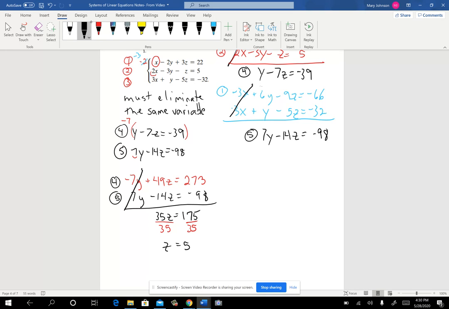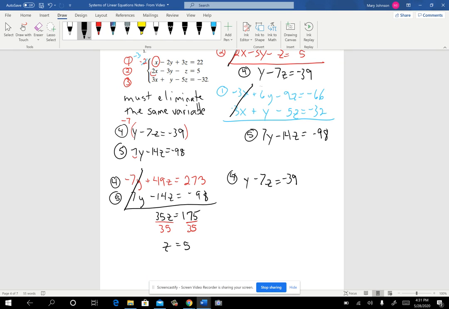Okay. Now, if you've gotten to there, you're basically home free. What you're going to do now is take the z equaling 5 and plug it in to find one of the variables you don't know. Just don't go back to equations 1, 2, or 3. Go back to 4 or 5. So I'm going to go back up to equation 4: y minus 7z equals negative 39.